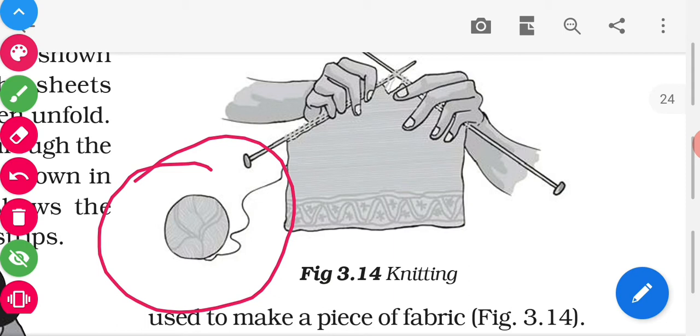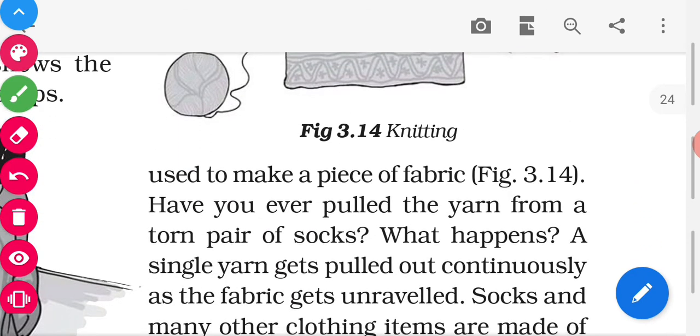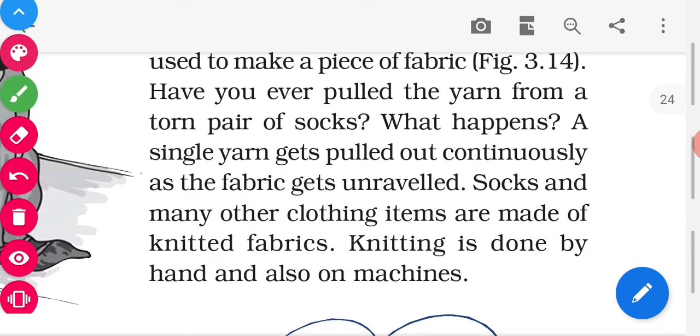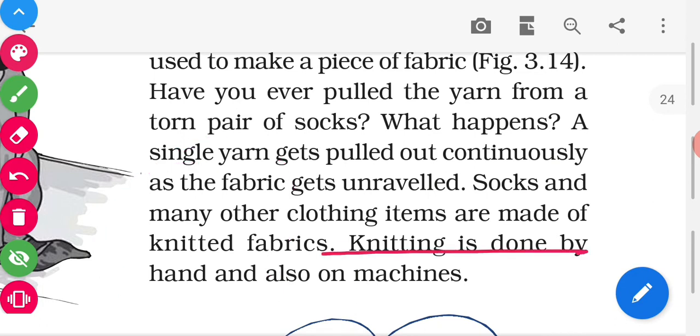Here you can see this is how the sweater is knitted. Here we are using a single yarn. That is very important. Knitting can be done by machines or by hand. If you want an example of knitting, your socks are also made by knitting. How do you know it's done by knitting?